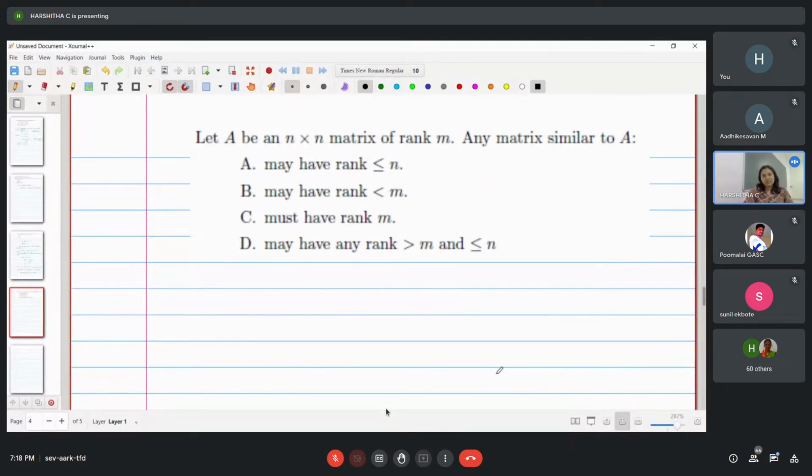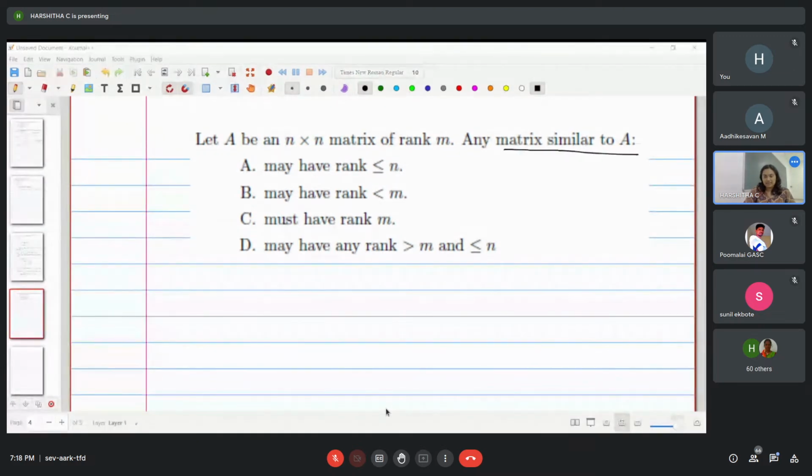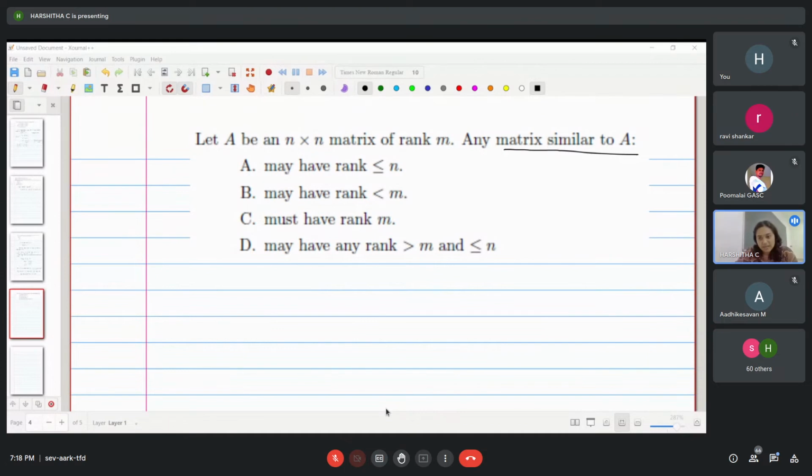Let A be an n cross n matrix of rank n. Any matrix similar to A. So what do you mean by a matrix similar to A? What is the meaning of a matrix being similar to A? A student answers that there exists an invertible matrix C such that A equals C A C inverse, and that the characteristic polynomials are the same for both. Yes, that is true.